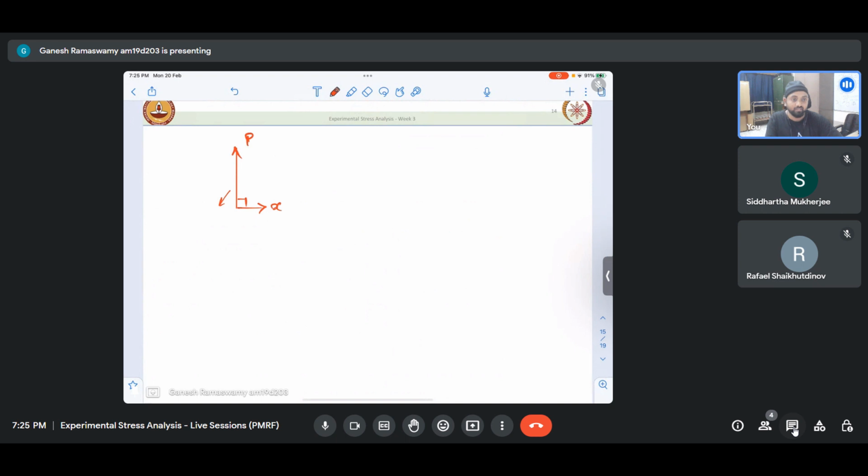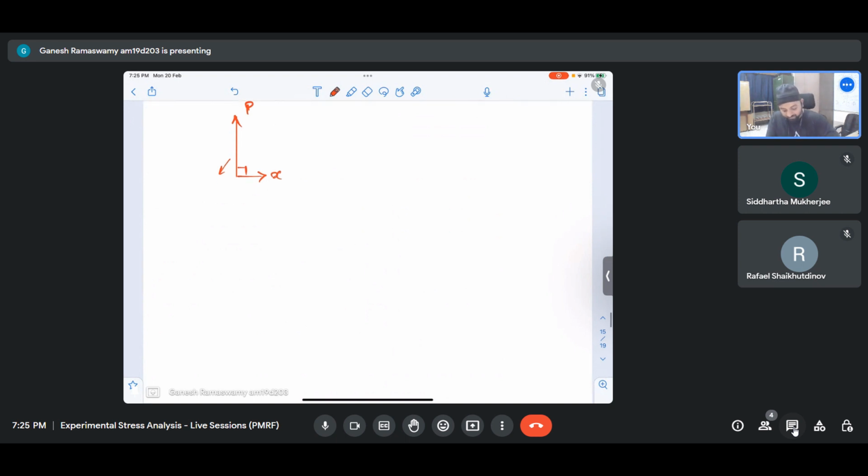Let me call my reference axis X. Now I have my model, which is stressed because of some load, let us say. Through the domain there are points. Let us take 2 points, for example. In this point, let us assume that our principal stress directions, or the fast and slow axis, are like that.